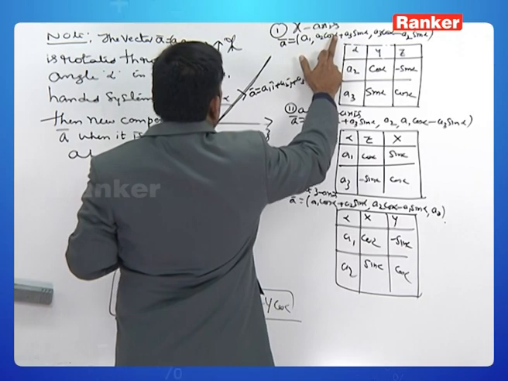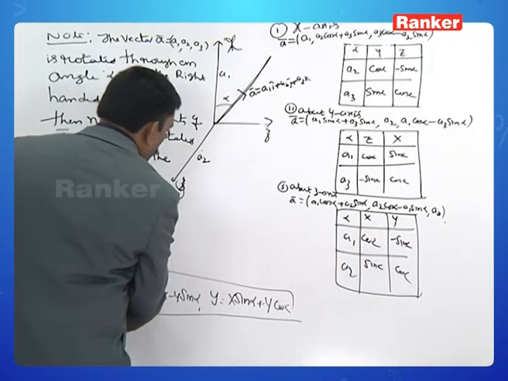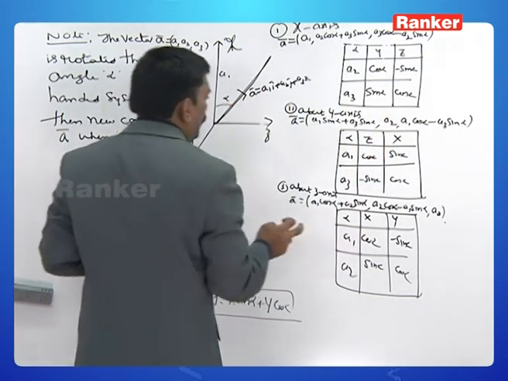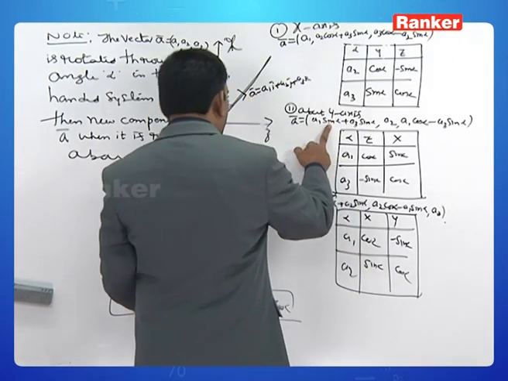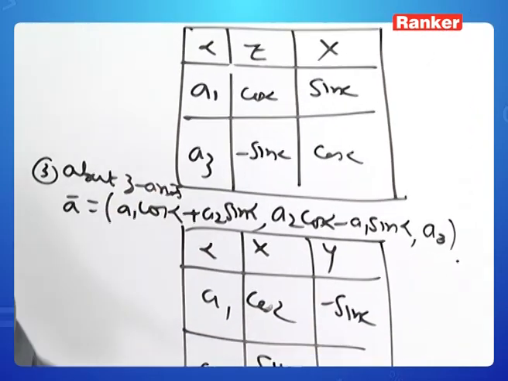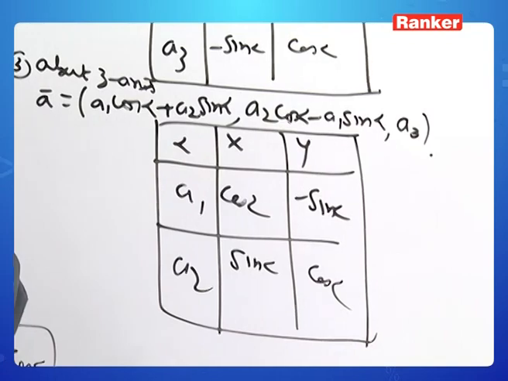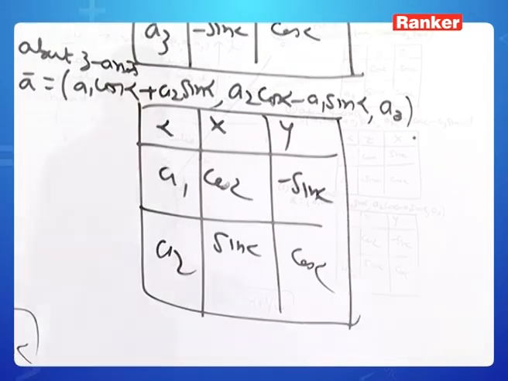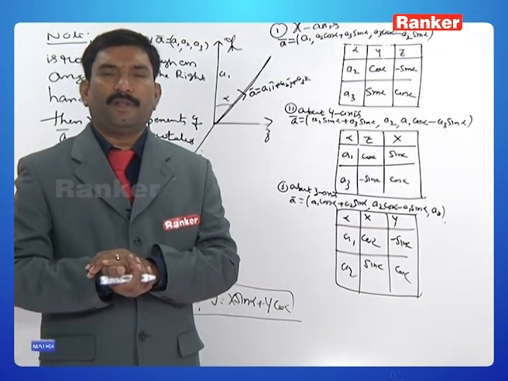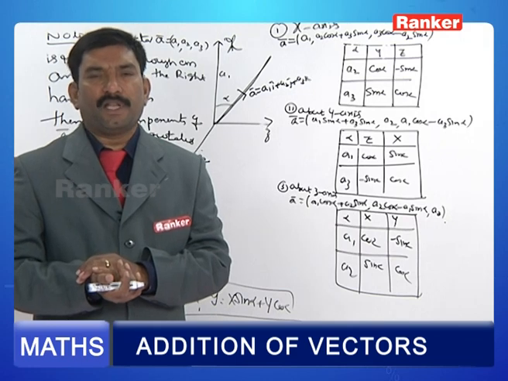About the x-axis, the x coordinate won't change, only y and z change. That z becomes the y coordinate. About the y-axis, the y coordinate doesn't change, so now the x coordinate becomes z and z becomes x. Therefore, about the z-axis, x becomes y and y becomes x, and the z coordinate never changes. This is the concept of the rotation of the vector A bar about the x-axis, y-axis and z-axis.